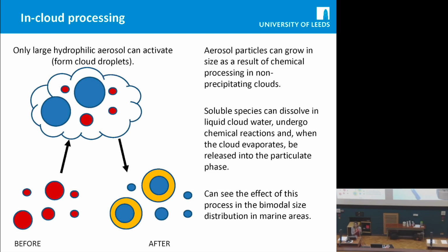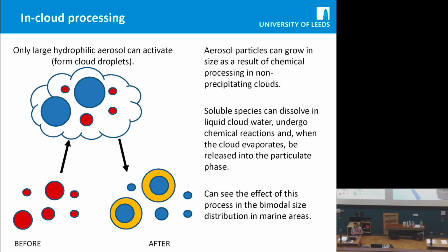That's important for understanding the climate impact of aerosol particles and understanding how the brightness of clouds changes. But there's also an element of aerosol processing that happens through this interaction with clouds. So the particles can actually grow in size, and then as the cloud evaporates, those particles can come back into the particle phase at a larger size.